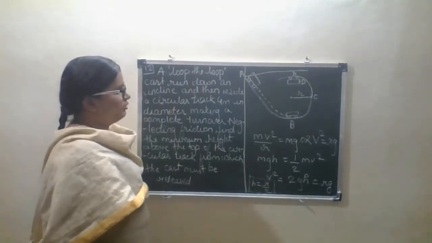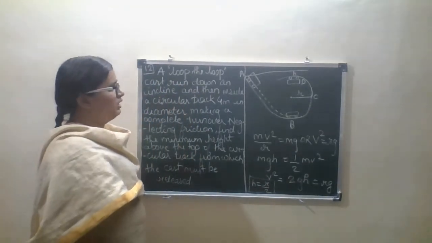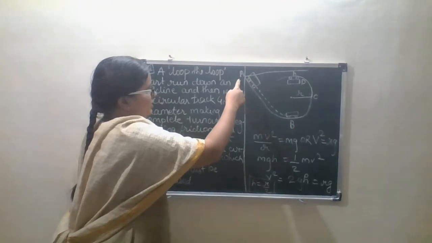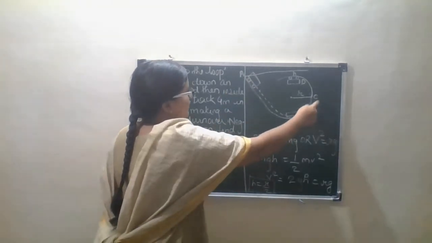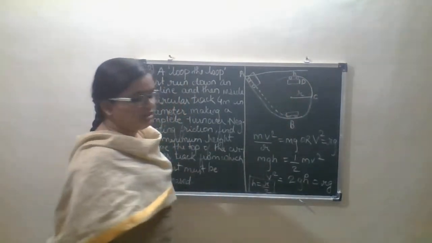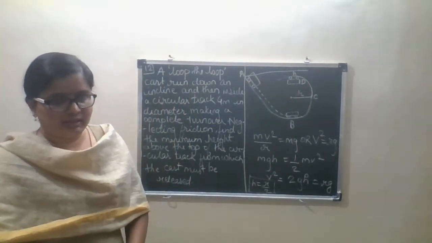So if we consider the potential energy is decreased from A, B, C, D, there will be an increase in the kinetic energy.